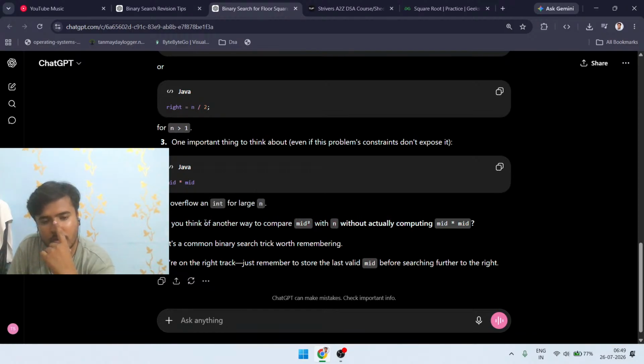Can we think of another way to compare mid square and n, without actually computing?